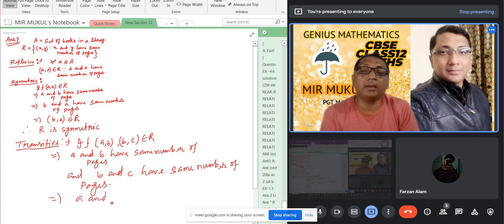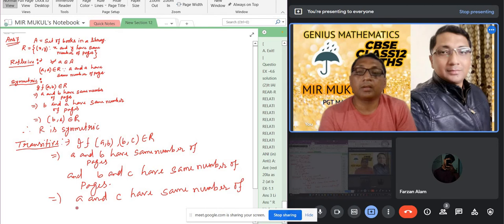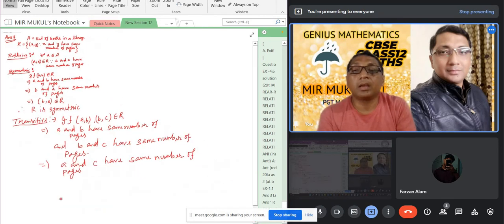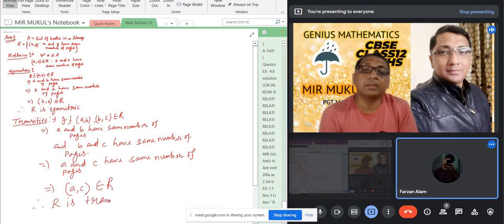A and C have the same number of pages. It means (a, c) also belongs to R. Therefore, R is transitive.